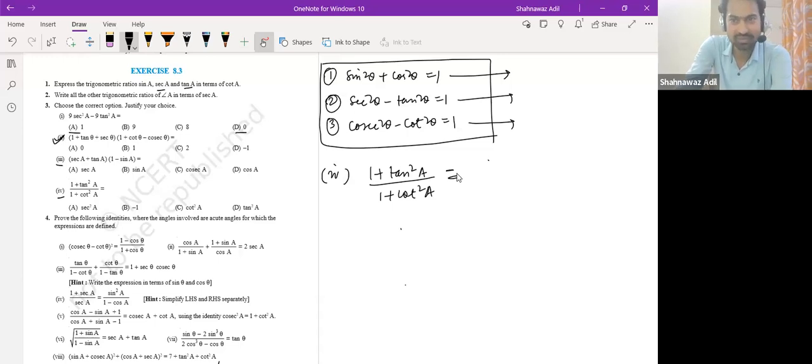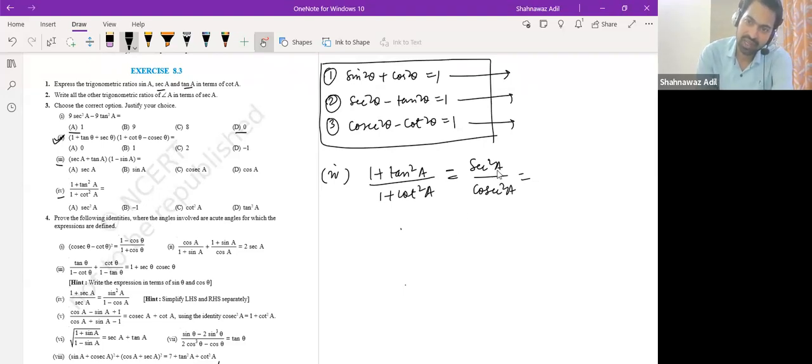So, Hashit, what is 1 plus tan square? Sir, sec square x. Yes, so 1 plus tan square is sec square, right? And 1 plus cot square x is cosec square x, right? And now we can change this into sine and cos, right?